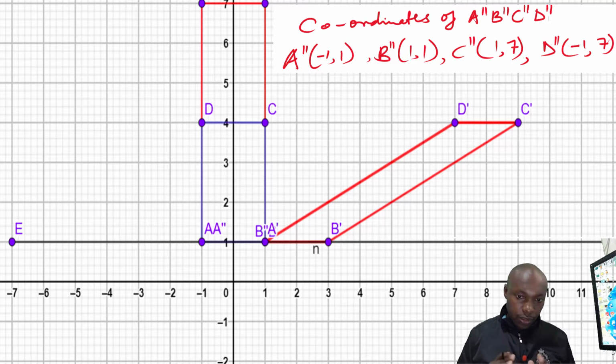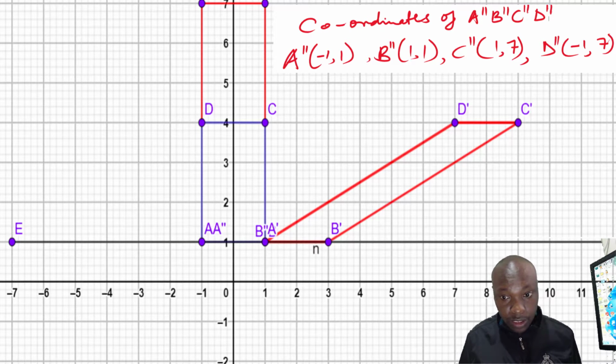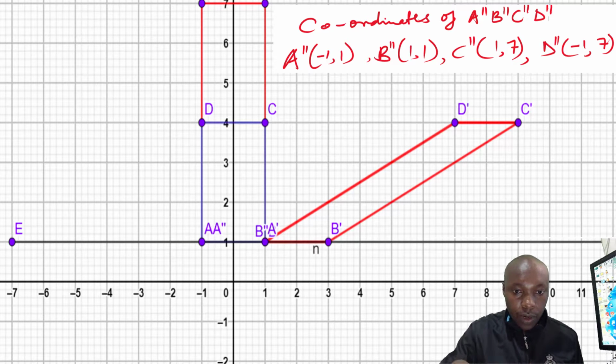Note that for a stretch, the points that lie on the invariant line do not change. In this case y = 1, the points there are A and B. They have not moved. The points that will move perpendicularly from the invariant line are D and C.